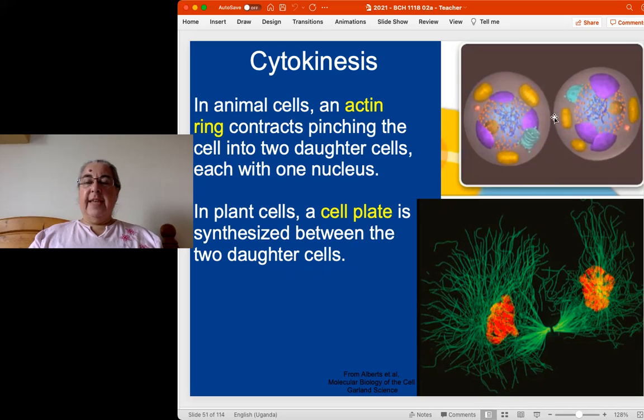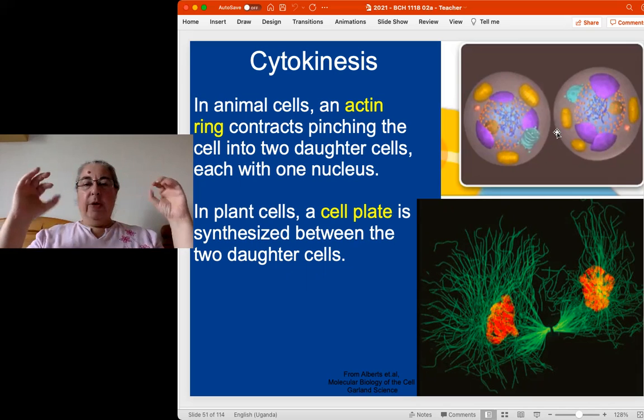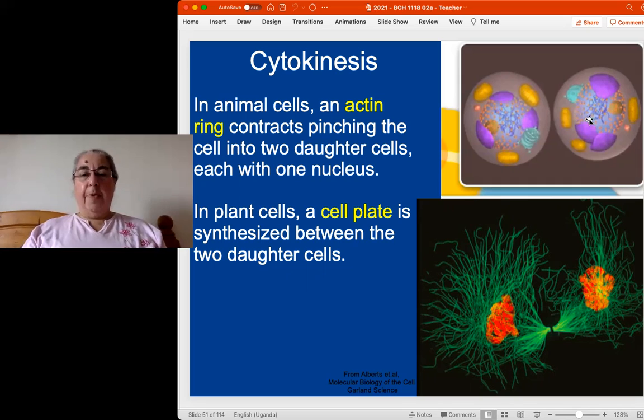And the cells are pinched apart by an actin ring, another structural protein which is able to move and contract. It pulls in and pinches those two cells apart to make two separate cells which can separate.